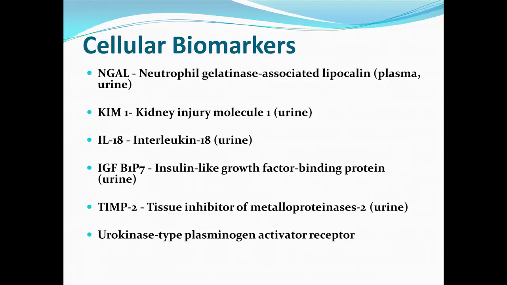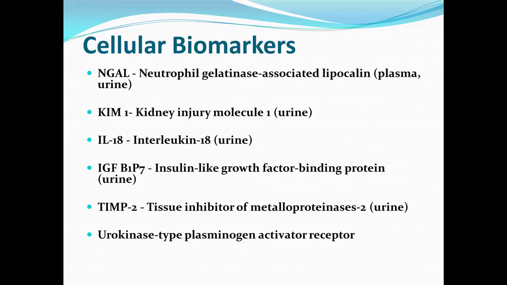Urokinase type plasminogen activator receptor, however, has been used as a predictor of the development of chronic kidney disease. It is expressed by the podocytes, and the podocytes are part of our glomerular system. And what they've identified is this activator receptor actually induces dysfunction within the glomerulus and within the nephron.